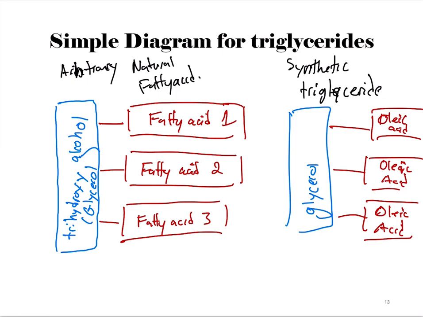So a lot of these are used for energy storage, and a lot of that energy is stored in these ester bonds. The reaction mechanism for the release of energy from a fatty acid is a lot more complicated than it is for carbohydrates, because that's just the glycosidic bonds for carbohydrates.